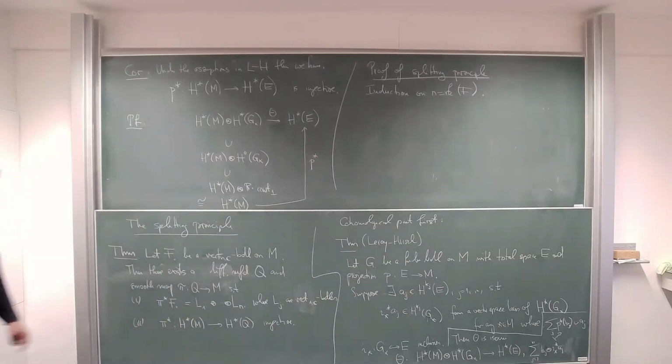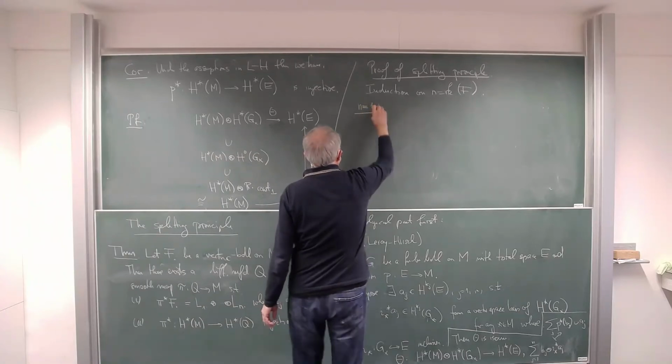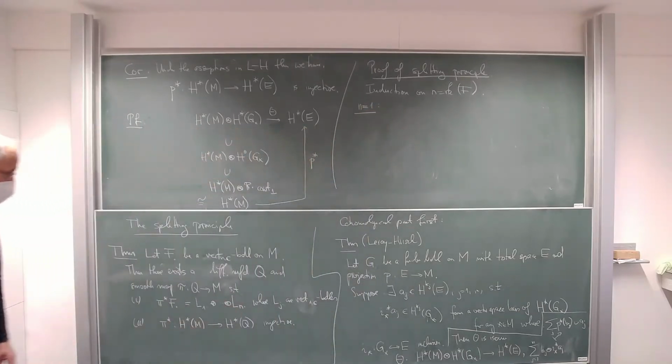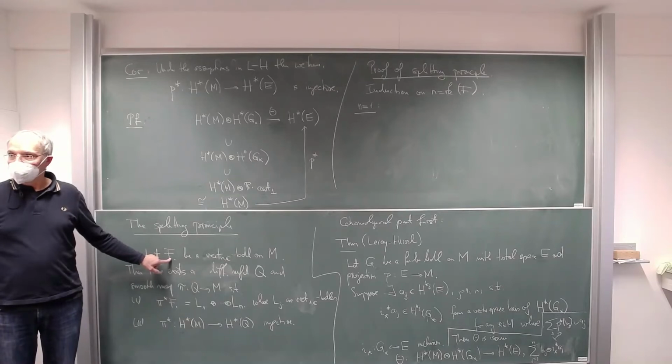Okay, good. N equals 1. Well, there's not much to be done here, because if N is equal to 1, then F itself is already a line bundle.